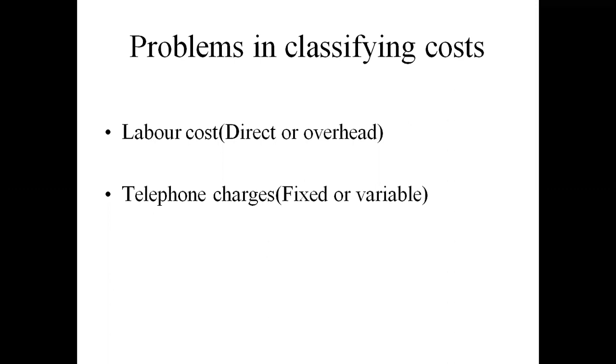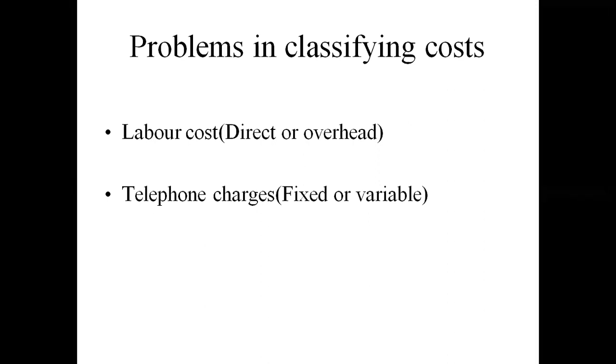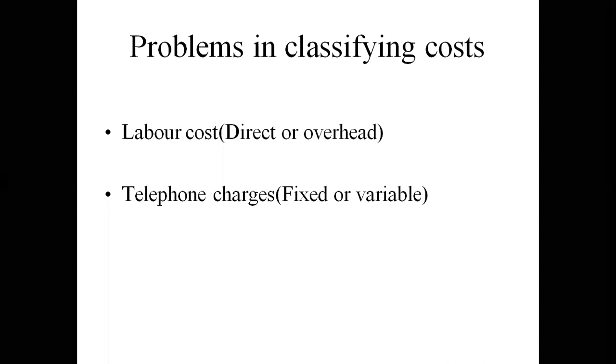Because if the fixed cost is a significant proportion of your total cost, then there's a problem because that is a cost which you have to pay all the time. So businesses really face problems in paying their costs. But if fixed cost is a smaller proportion, then it becomes easier because variable cost will only be paid when you are producing and selling. So you can cover that cost by the amount you get when you sell your product, right? So then it becomes easy.